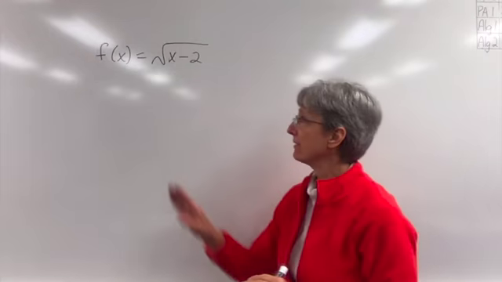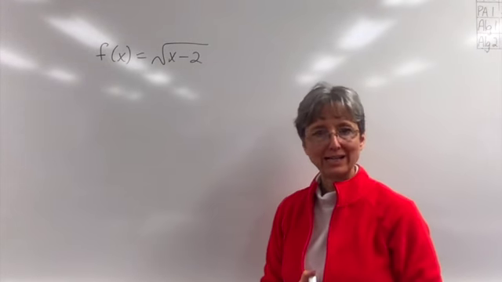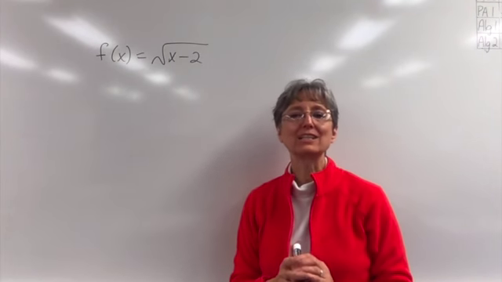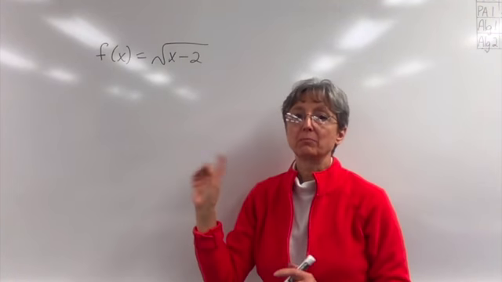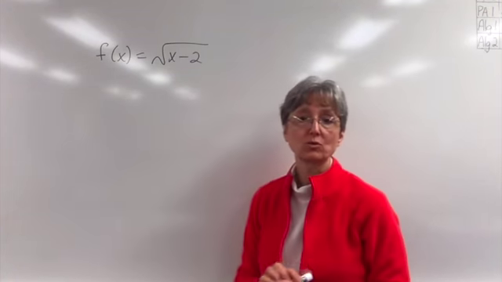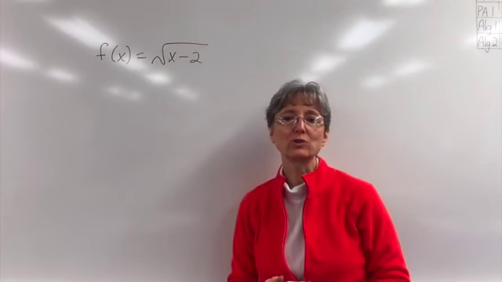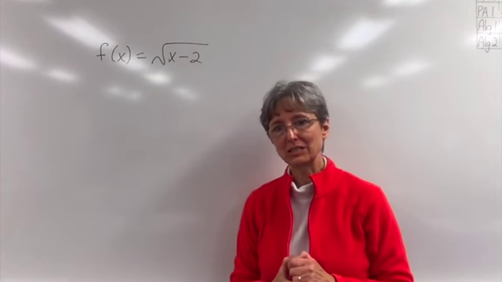Here is my function f of x equals the square root of x minus 2. And I want to start right off with what is the domain of this function. Because of this radical, this square root, you cannot have a negative under the square root, so therefore my x's are limited.